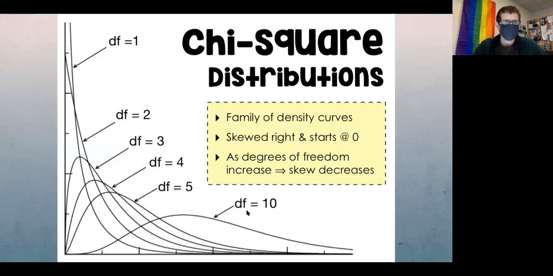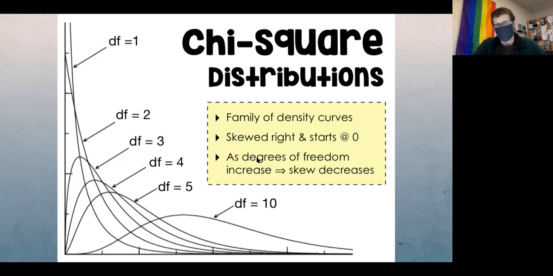Okay, so now you can see what your chi-square curves look like. And these are highly variable. You'll notice that it starts off with your degree of freedom 1 and 2, like they are this weird almost power curve looking sort of thing going on. And then with 3, you get a little bit of a skewed normal distribution. And by the time you get up to 10 degrees of freedom, it's starting to look more normal.